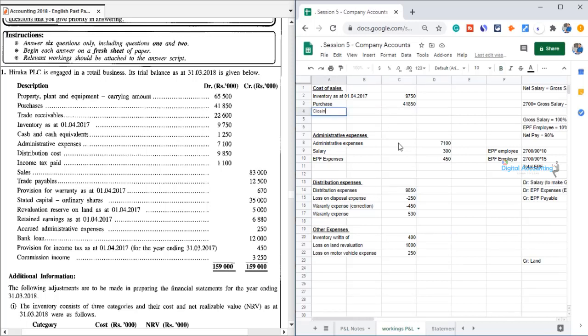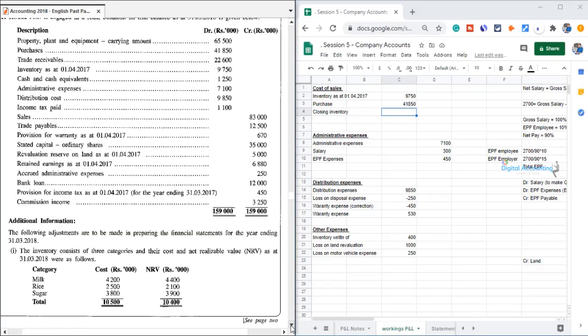So we need the closing inventory. For this closing inventory we need the cost value. So the total cost is 10,500. So 41,100 is the cost of sale.